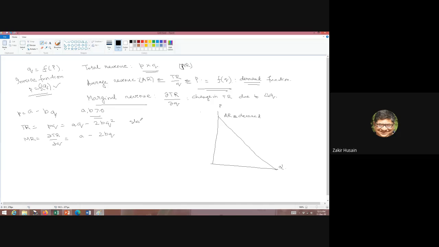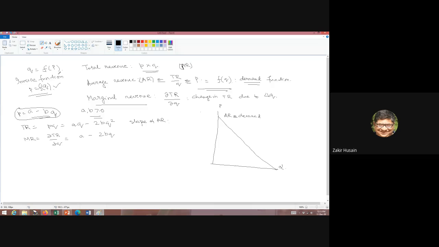Now tell me, what is the slope of the AR function? This one. So won't it be 4bq? No, I'm talking about this. Why is the total revenue 2bq squared? Exactly.